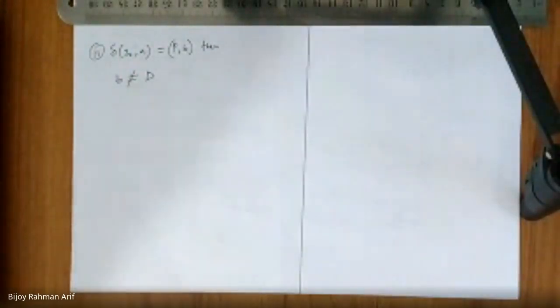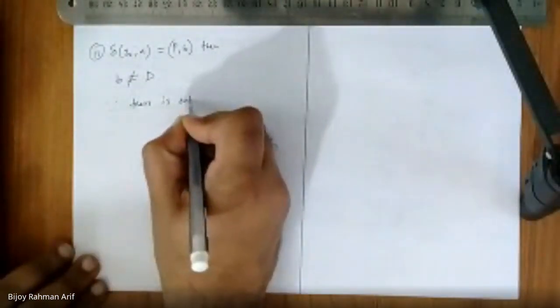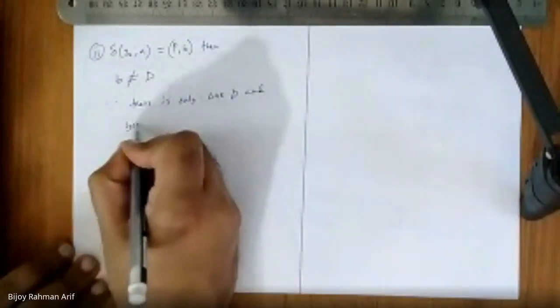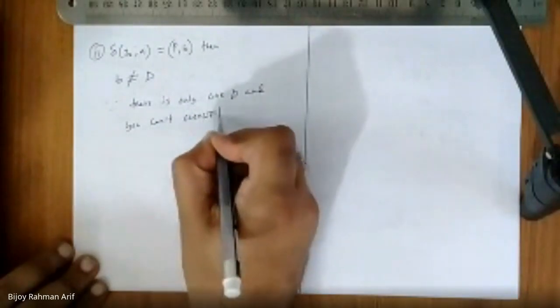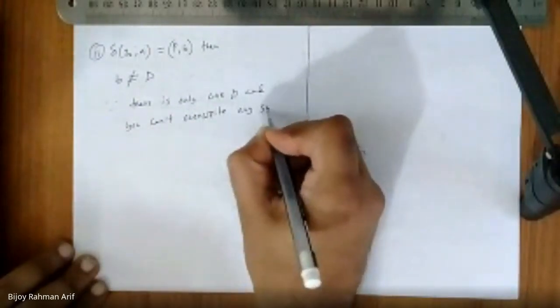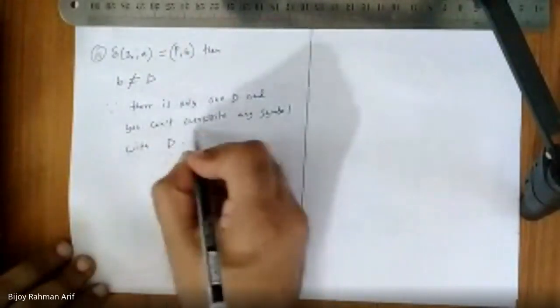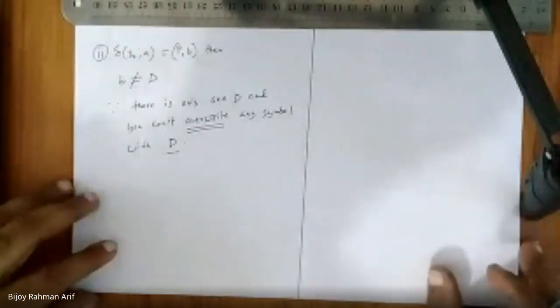That means there will be only one triangle, at the start of the buffer, and you cannot overwrite any symbol with triangle. The triangle is automatically imprinted in the buffer and you cannot actually overwrite anything with triangle.